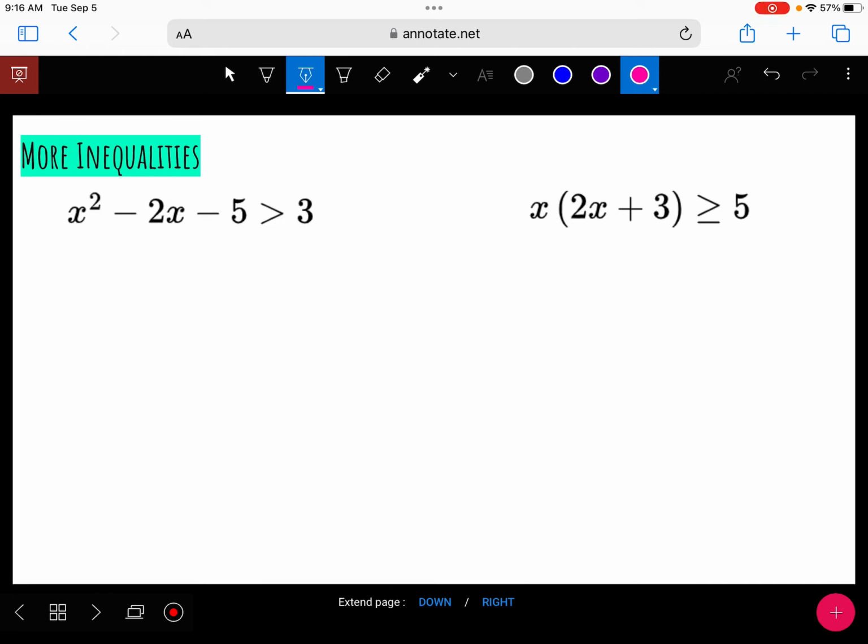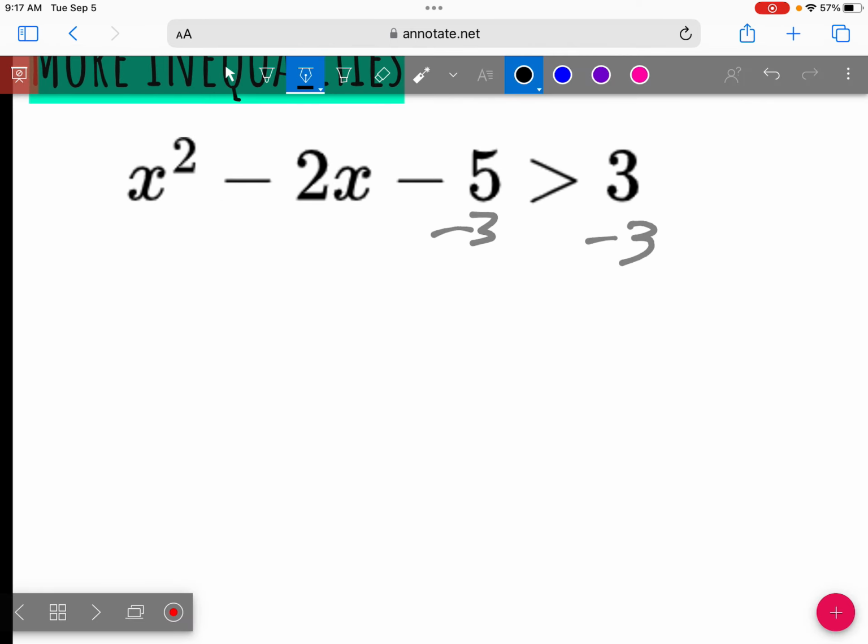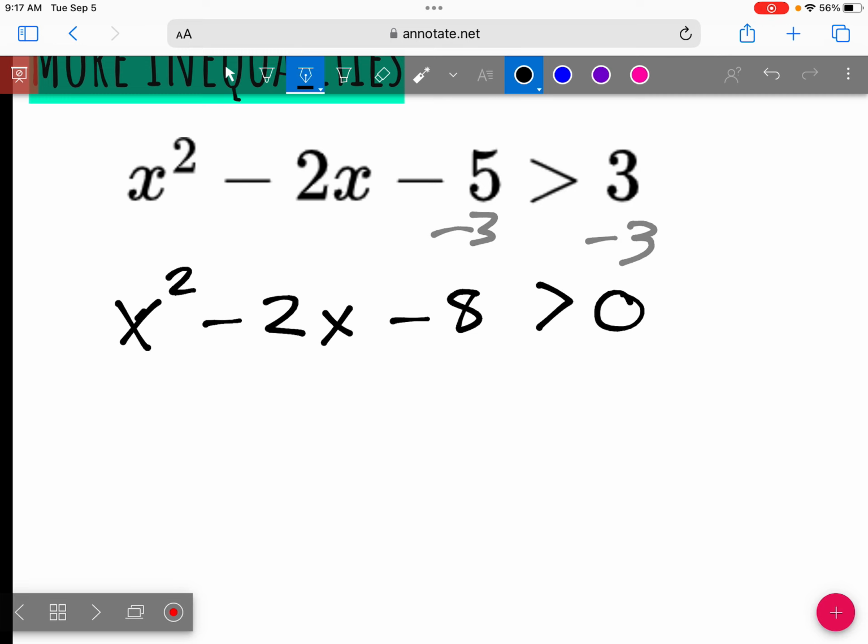Just like when we were factoring, we'd always make it equal to 0. Same thing with the inequalities. Subtract 3. That's going to give us x squared minus 2x minus 8 greater than 0.